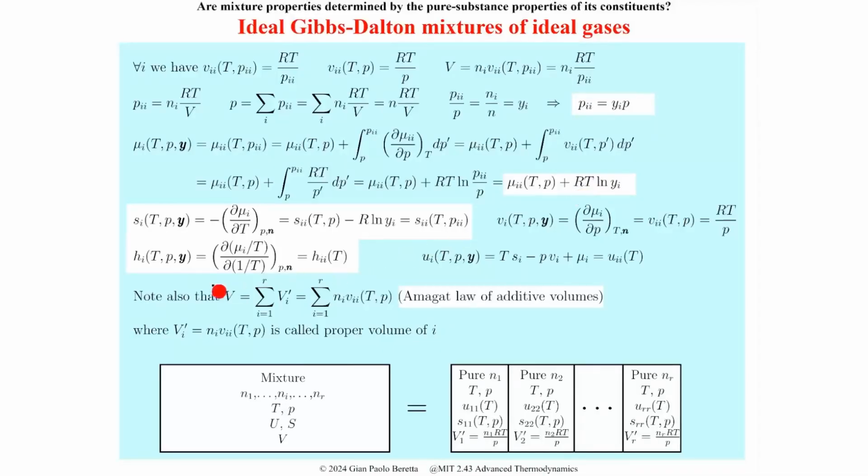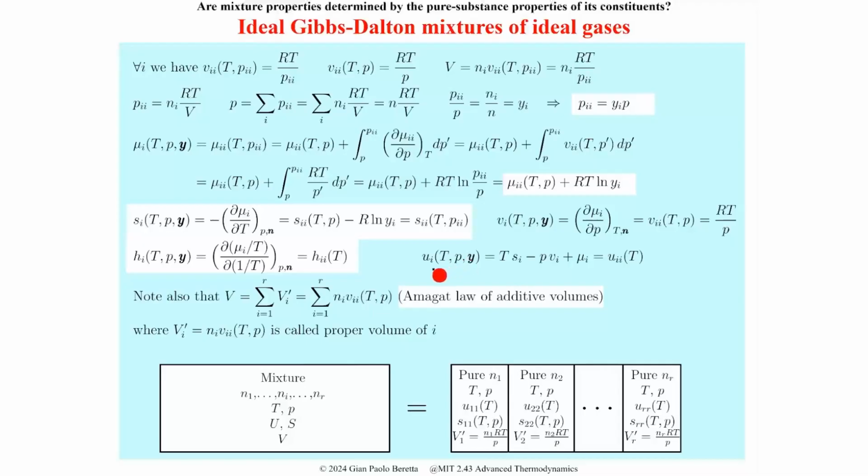So that means that the partial enthalpy is related just to the specific enthalpy of the gas, where I also remove the pressure dependence, because for an ideal gas, the enthalpy depends only on temperature.